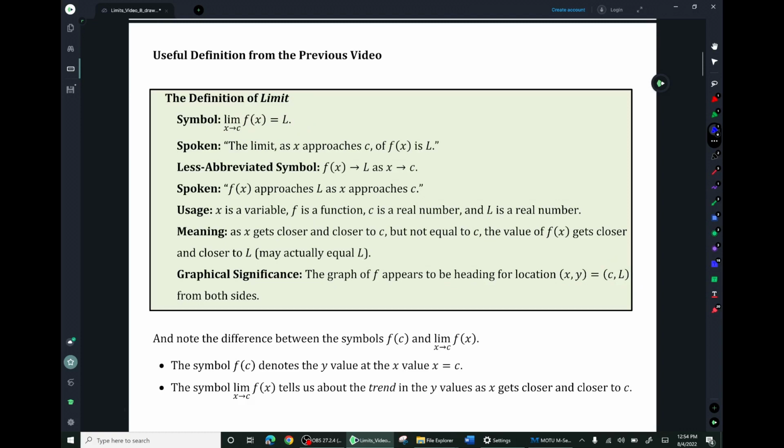Now it's important to remember the distinction between f of c and the limit as x approaches c of f of x. The symbol f of c denotes the y value at a particular x value, x equals c, whereas this symbol, the limit as x approaches c of f of x, tells us about the trend in the y values as x gets closer and closer to c.